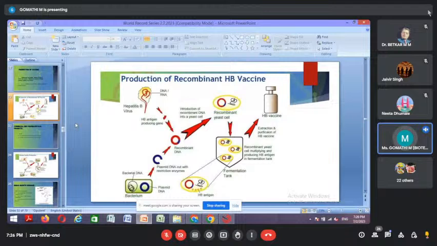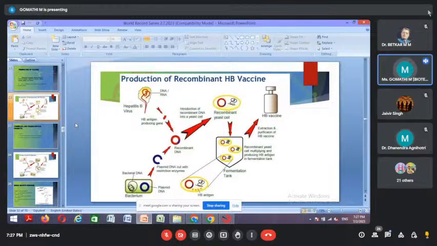That plasmid may be taken from a bacterium or some other source. That recombinant DNA is then inserted into a yeast cell, where it can produce multiple copies. After producing the multiple copies, it expresses a protein, and that product is extracted, purified, and used as a vaccine.